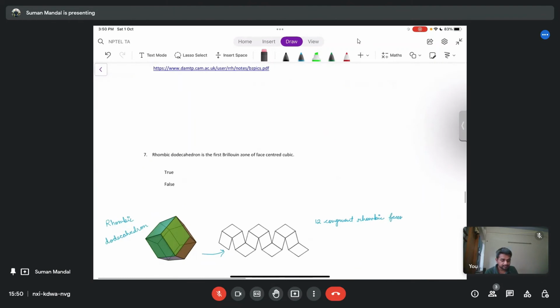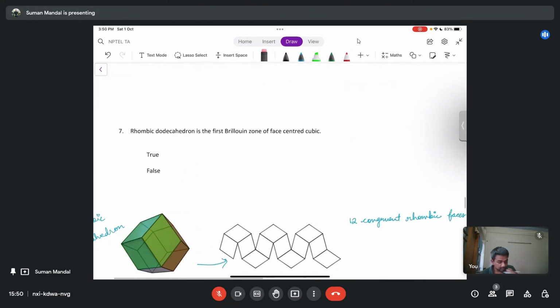So the rhombic dodecahedron is the Wigner-Seitz cell of FCC, but the Brillouin zone of BCC.